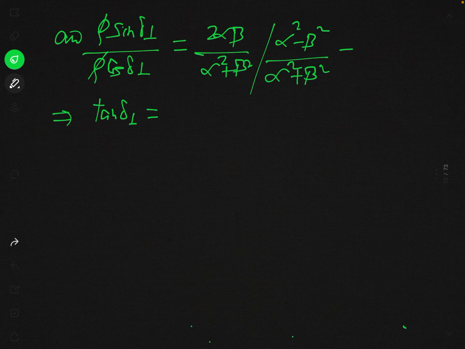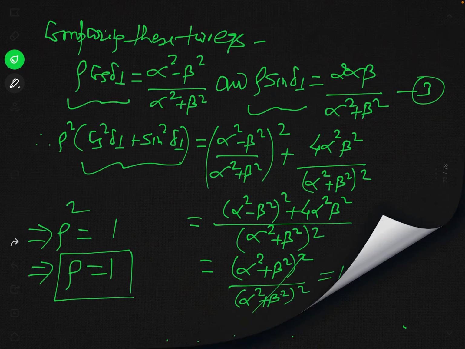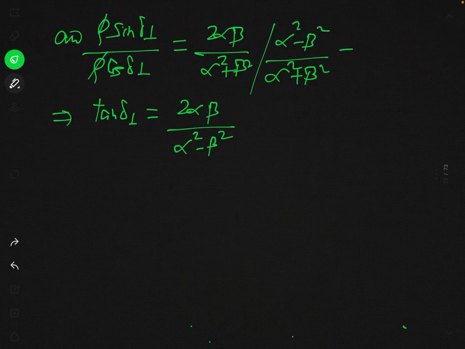So this alpha square plus beta square will cancel out, and rho also cancels out, and this is tan delta perpendicular, which will be equal to 2 alpha beta over alpha square minus beta square. So these are the values of rho and tan delta perpendicular, and the two unknown constants which we assumed here are found from this calculation. Let us say this is equation 4.